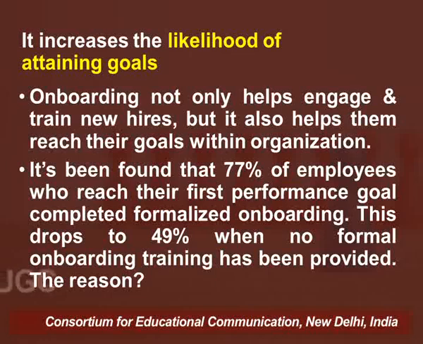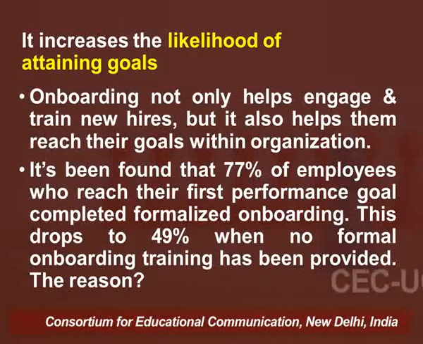And it has been found that 77% of employees who reach their first performance goal completed formalized onboarding. This drops to 49% when no formal onboarding training has been provided.